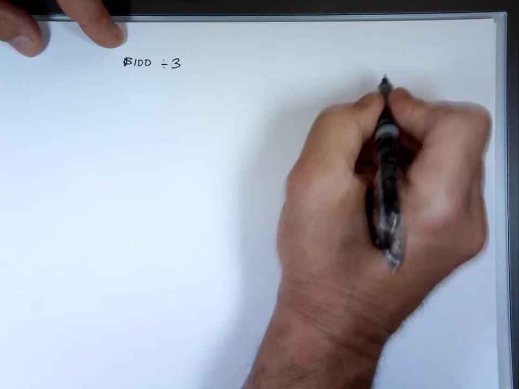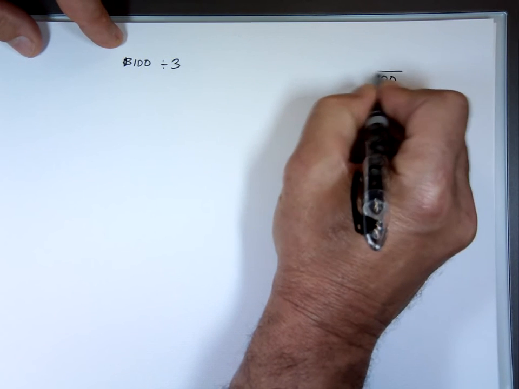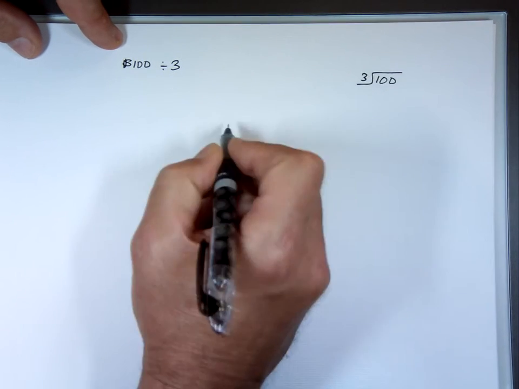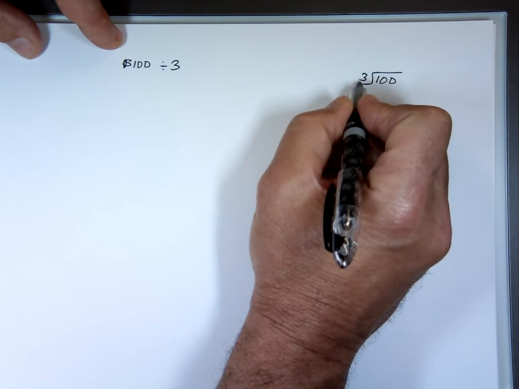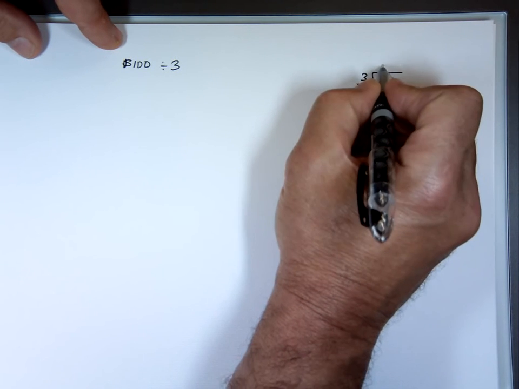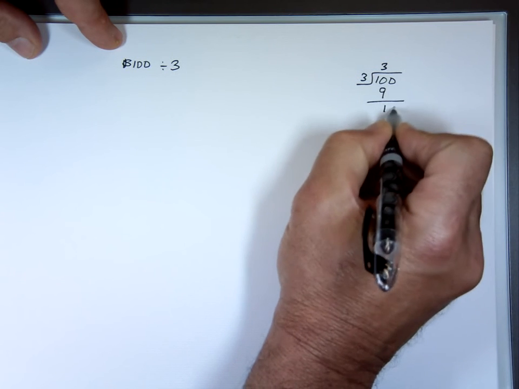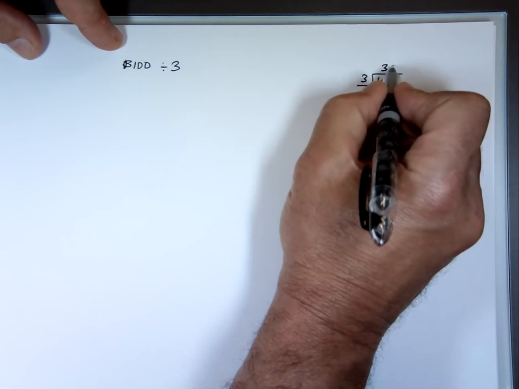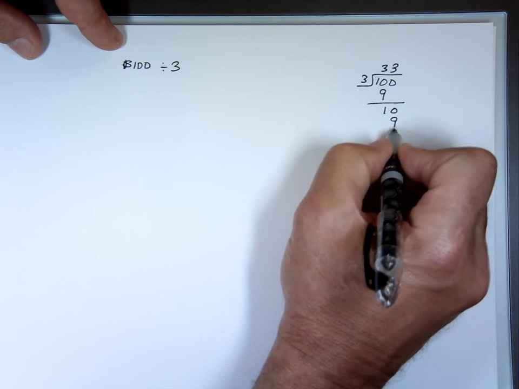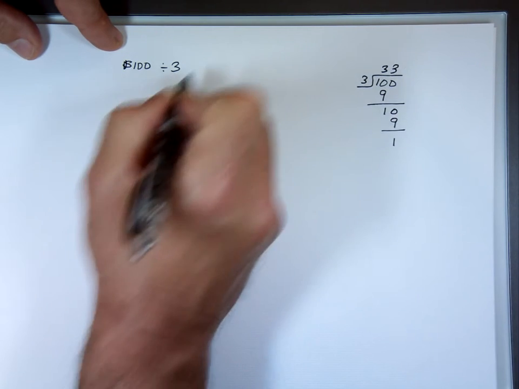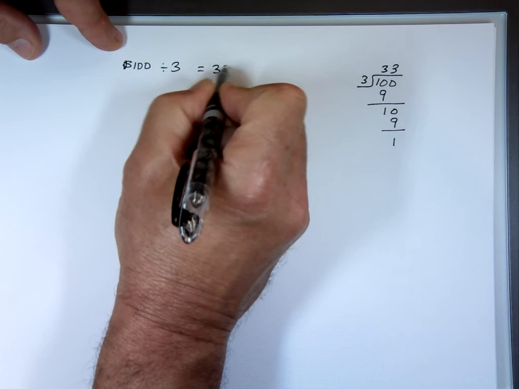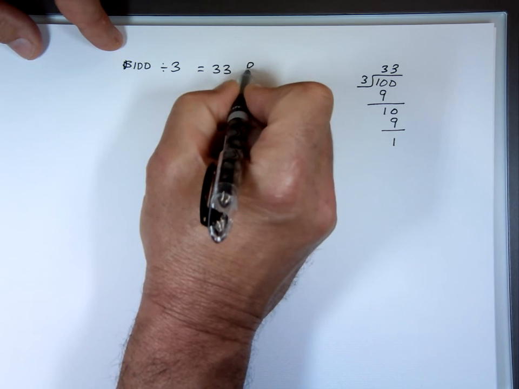What's 100 divided by 3? Can you divide the 1 by 3? No, the 10 by 3. Yes. 3 times 3, 9. 3 times 3, remainder is 1. So we can get 33, each one $33, and at the end we have a remainder of $1.